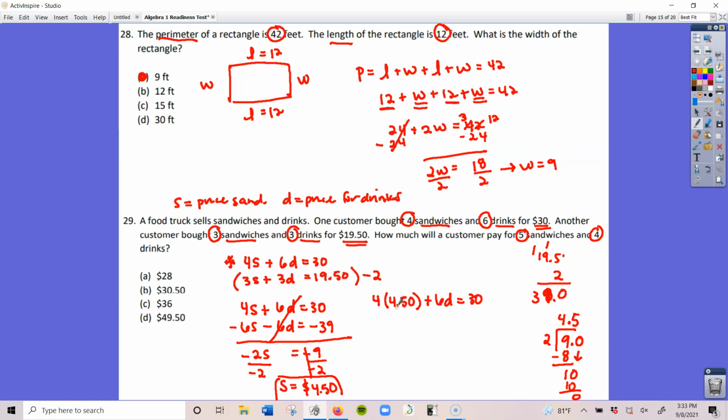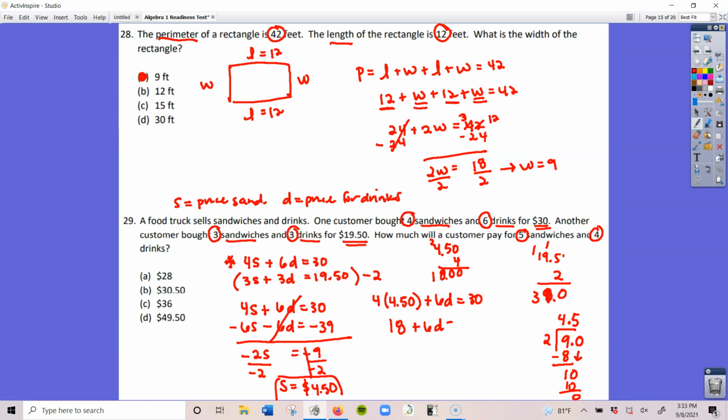So let's do the 4 times 450. This gives me 0, this is 20, this is 16, plus 2 is 18. 2 decimal points, so $18 exactly.